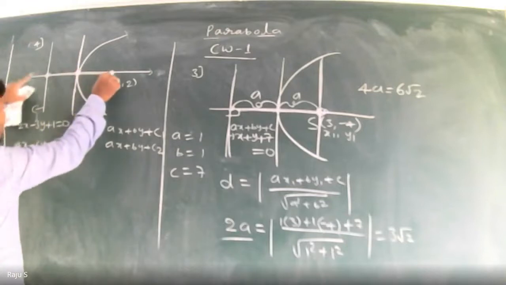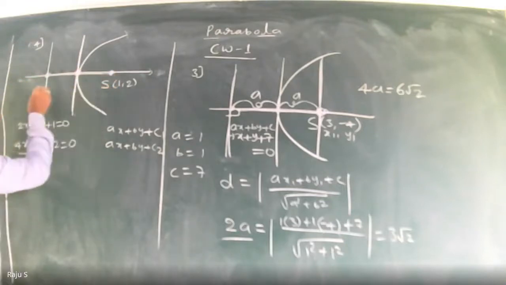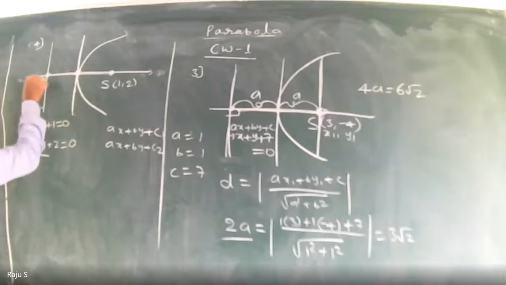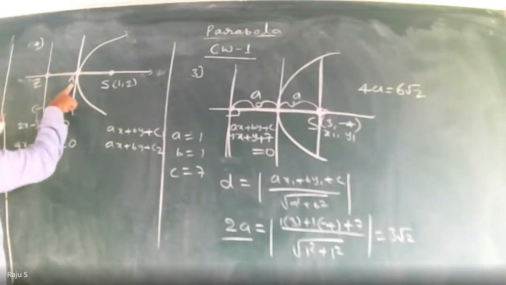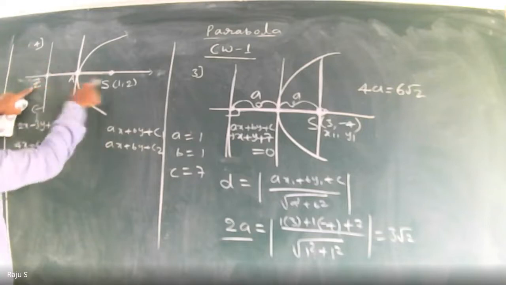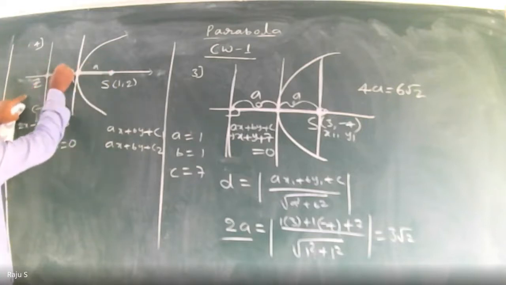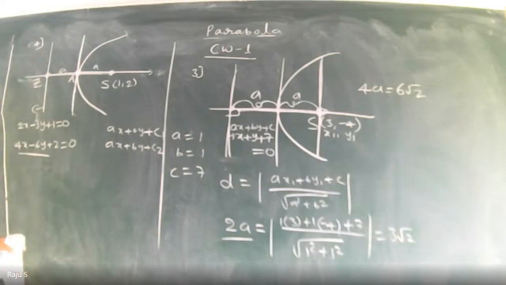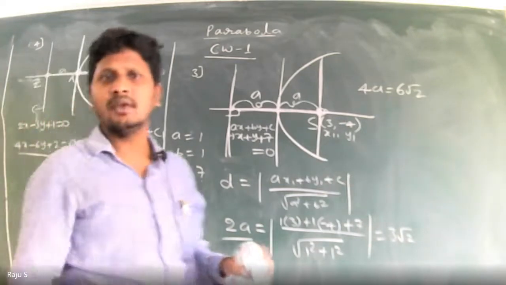The vertex is exactly the midpoint of the focus S and Z, the foot of the directrix, because they are at the same distance. So first, what do we have to do?